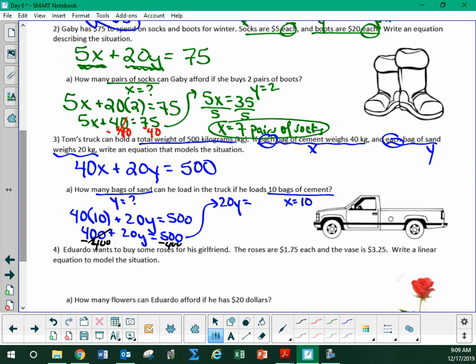Y equals 500 minus 400, which is 100, and then 20 times 5 would be 100, so he can hold 5 bags. Or divide by 20, and I get y is 5. And again, y represents bags of sand, so 5 bags of sand.